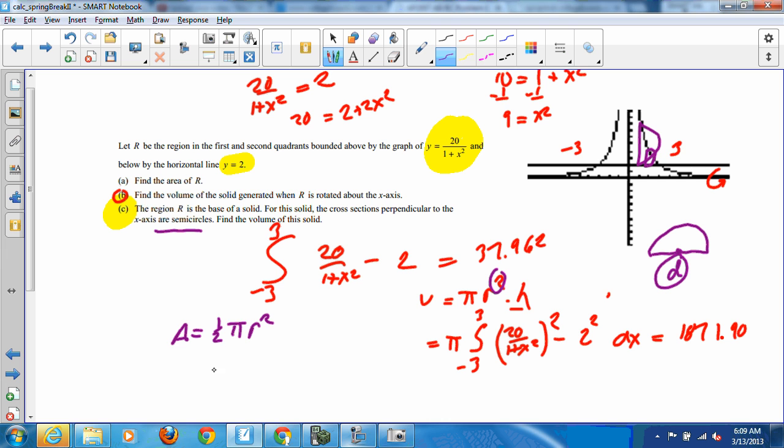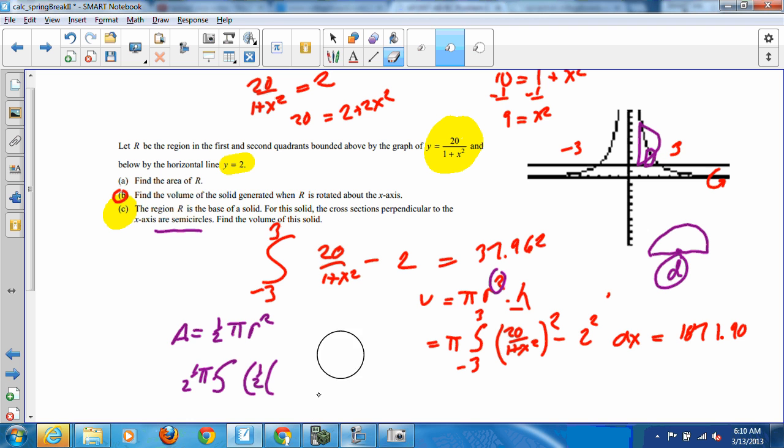So when I put my integral formula together, we're going to have 1/2 pi out in front, and our radius squared is going to be half of top curve minus bottom curve. Let's give ourselves plenty of space here. And this is dx.